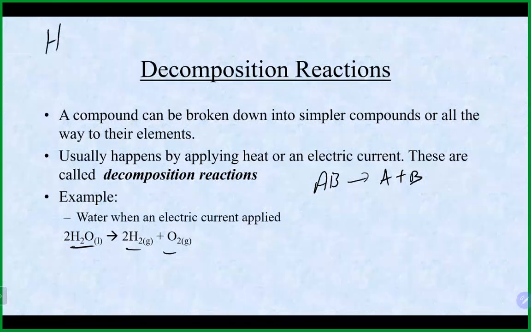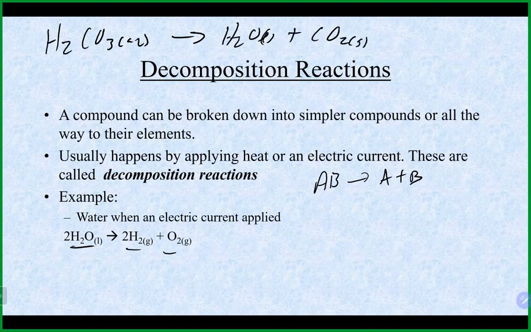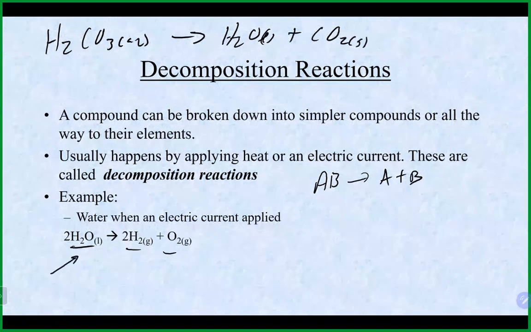Earlier on, when you did the Alka-Seltzer tablets, you made something like carbonic acid that quickly broke apart into water and some CO2 gas, the plop, plop, fizz, fizz bubbles that maybe you remember. It's really the opposite of a synthesis reaction. This is also still a redox reaction. We have the hydrogen going from +1 to 0. We have the oxygen going from -2 to 0. And that is electrons being transferred as well.